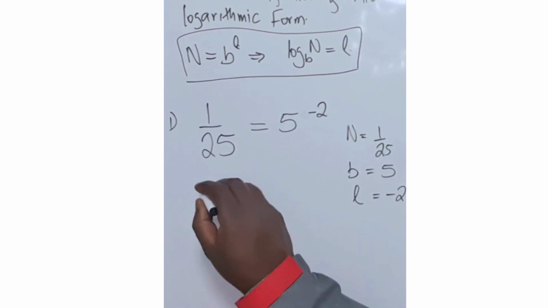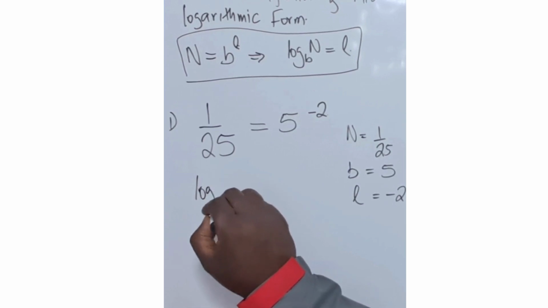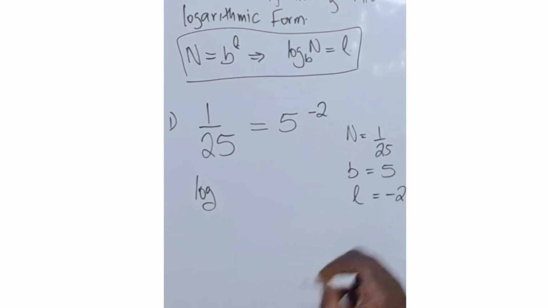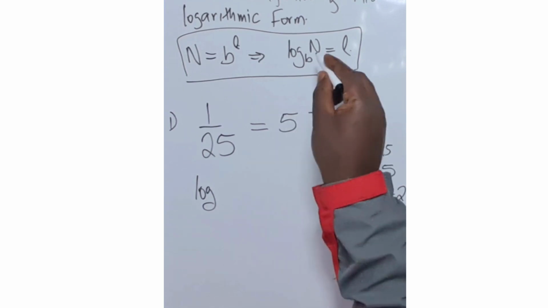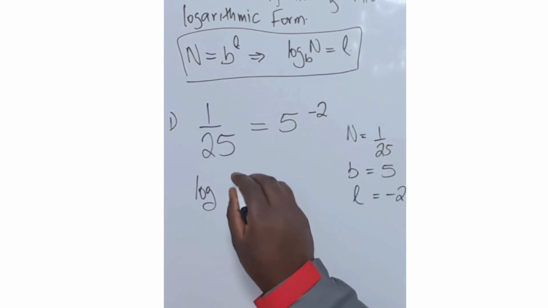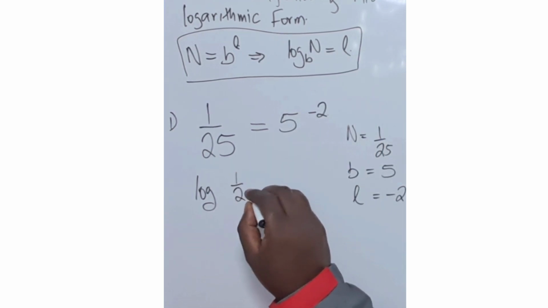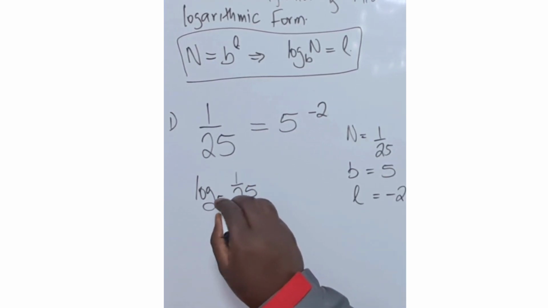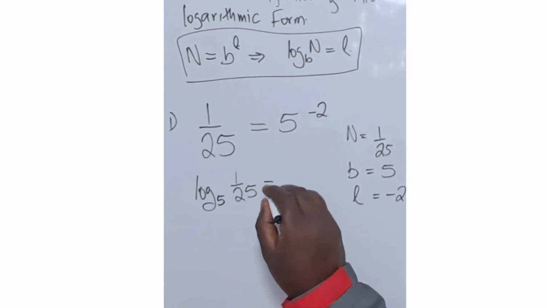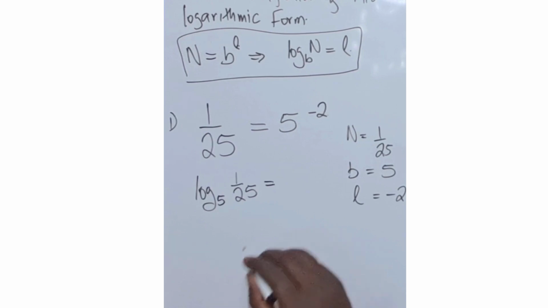That's what we're going to use. Then we're going to say log, then we plug in these numbers as we have them written here. So our n is 1 divided by 25, and our base is 5, and this is equal to -2.